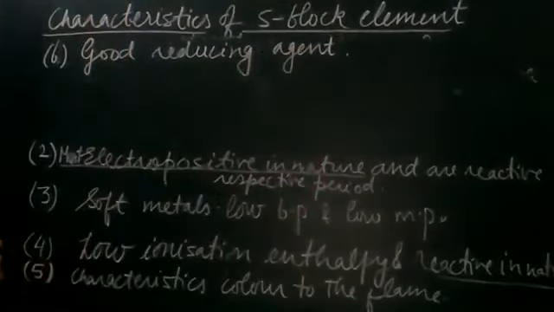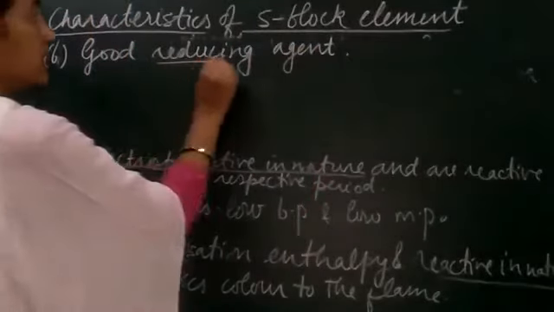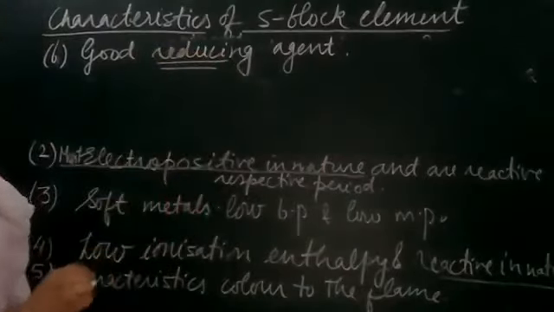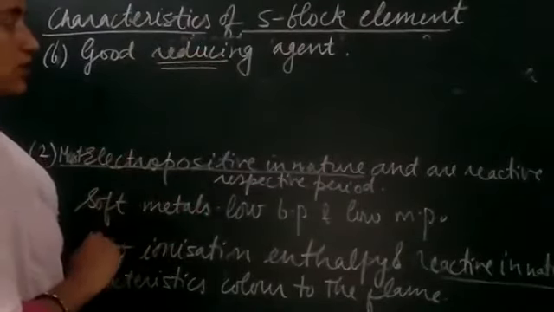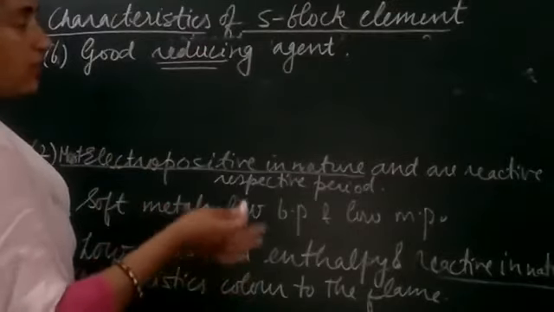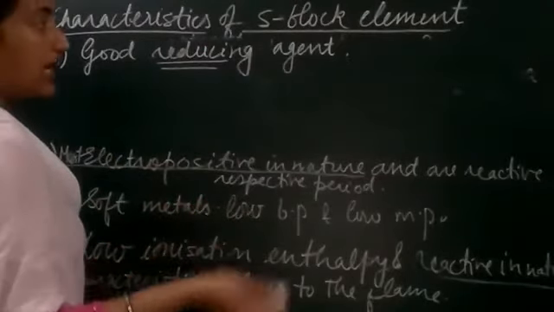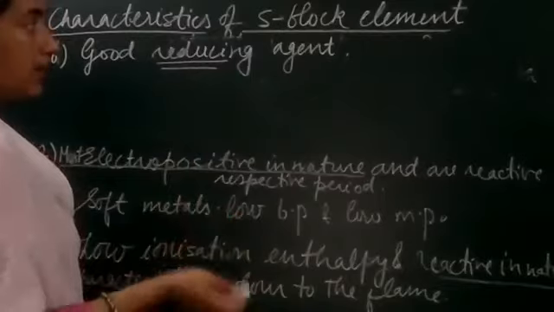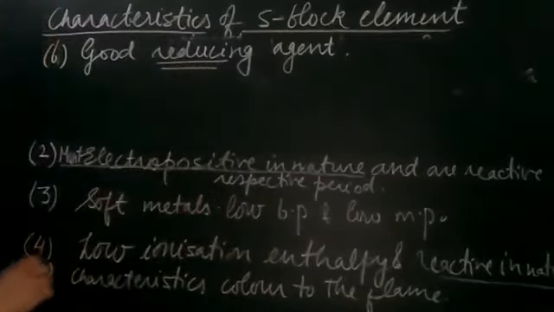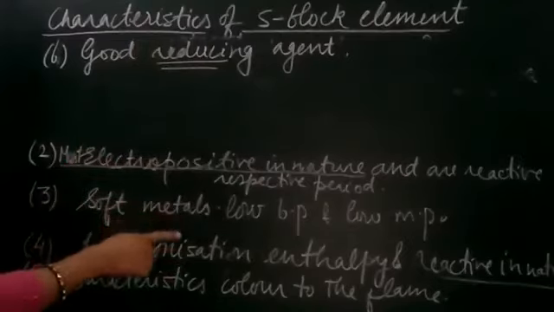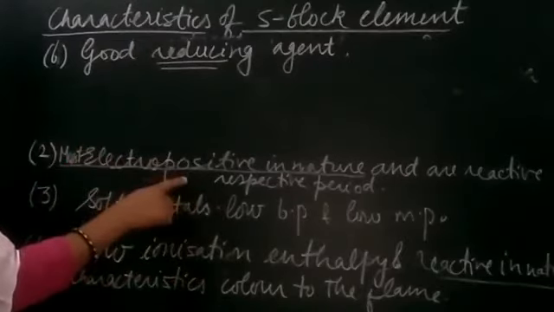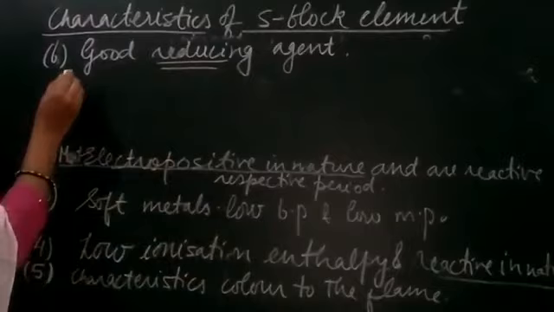Right. Now reducing agent means that they cause oxidation, right? They show oxidation, they lose electron and get that electron available for the other species or other element. So that's why they are good reducing agent. Now this again reducing nature will depend upon their ionization enthalpy, which leads to the electropositive nature.